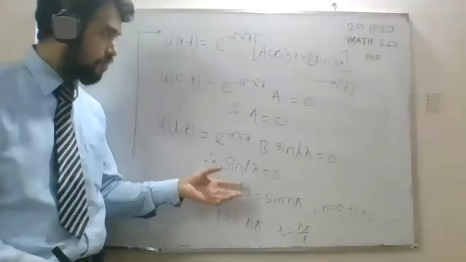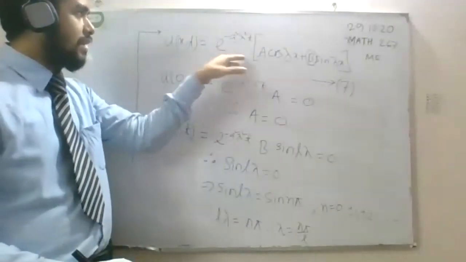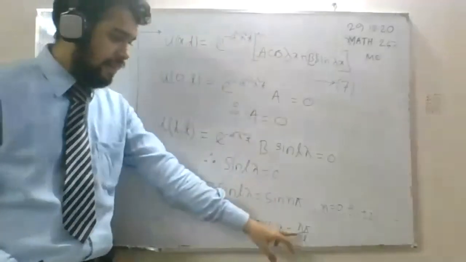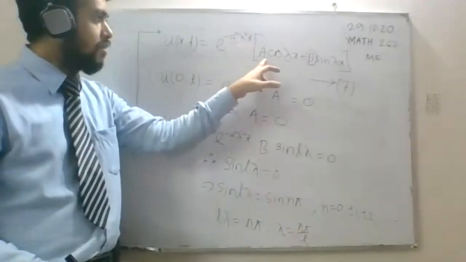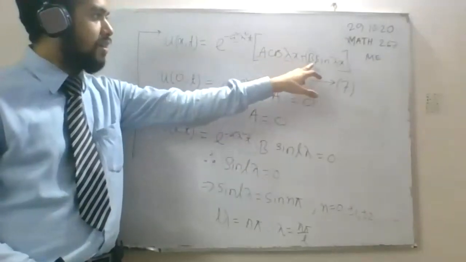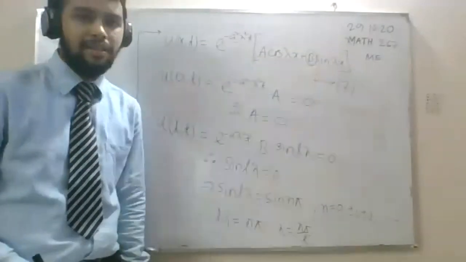Now put those values here: replace lambda by n pi by L, and a equals 0, so this term vanishes and b sin lambda x remains.